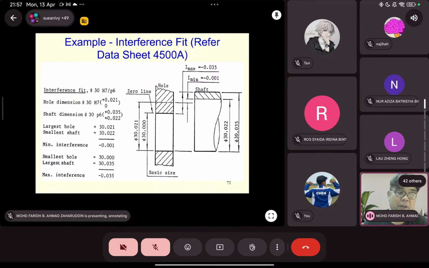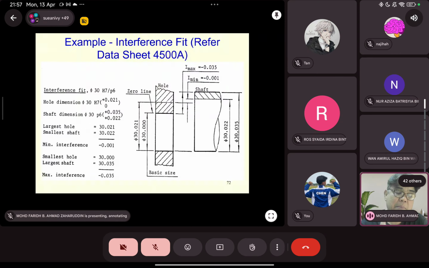So how do we know interference fit? Tengok dekat value ni. Tengok dekat sini. Tengok value ni. Nampak tak? You will see that the minimum size of shaft, tengok ni, 30.022 is bigger than 30.021. 30.021 ni is a maximum hole.